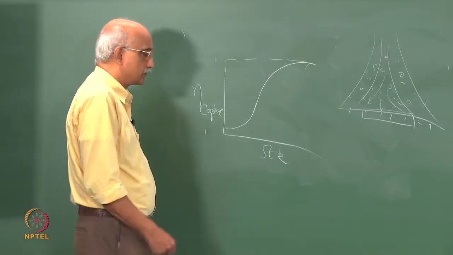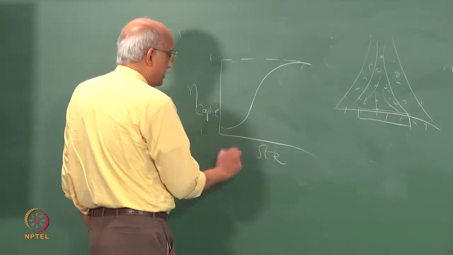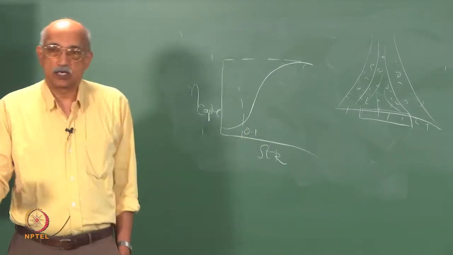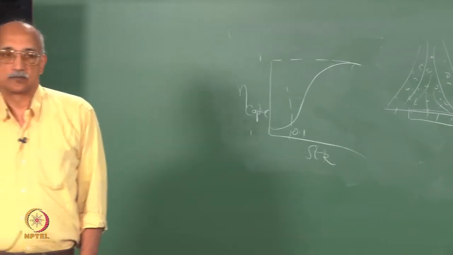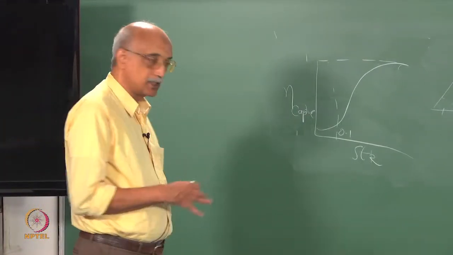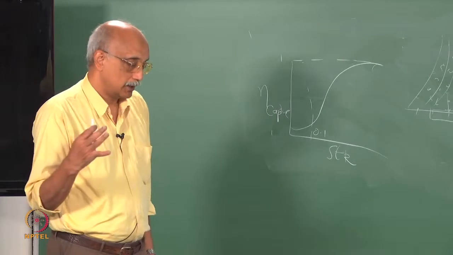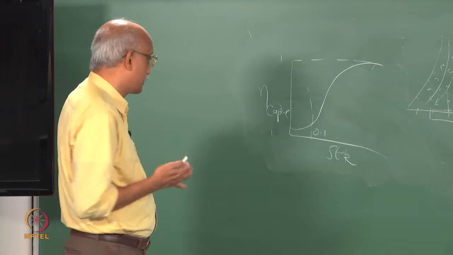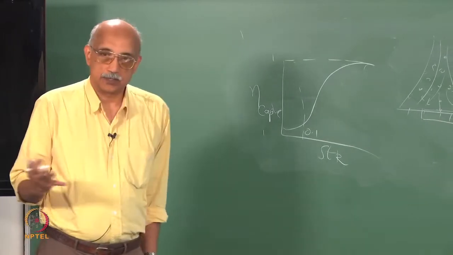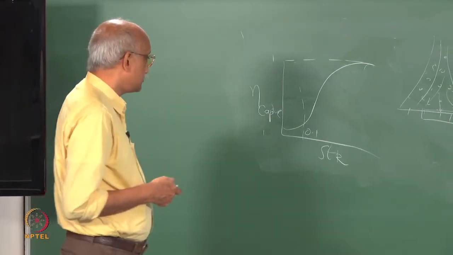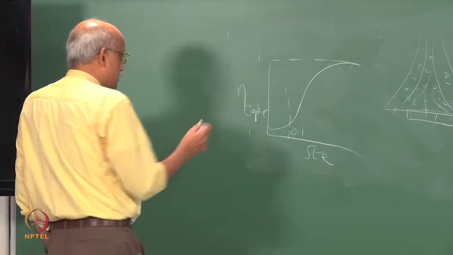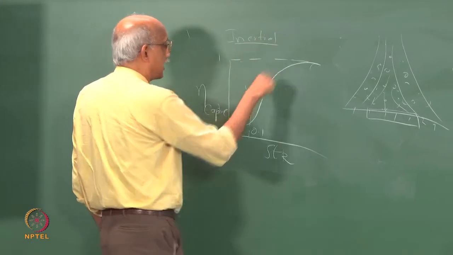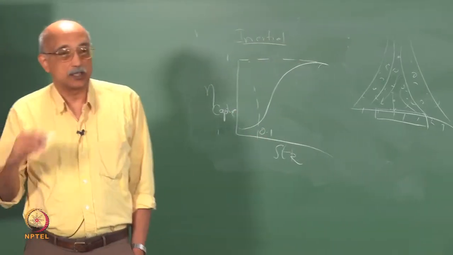In fact, when the Stokes number exceeds about 0.1, inertial effects start to become very significant. When the Stokes number is less than 0.1, then you can neglect inertial effects for purposes of characterizing the dynamics of the particles. Now, this represents particle capture behavior only in the inertial regime.